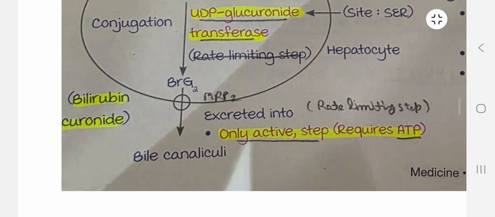The excretion of bilirubin glucuronide from the hepatocyte is an active process catalyzed by an enzyme known as MRP2. Remember this, it is an important enzyme which we will learn about further.